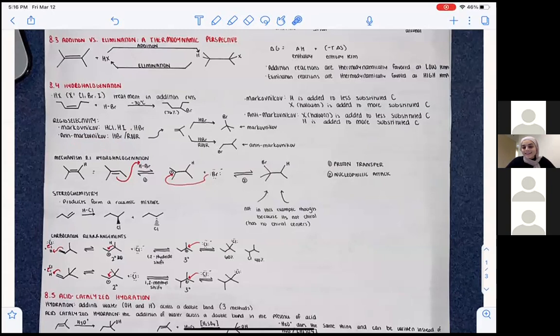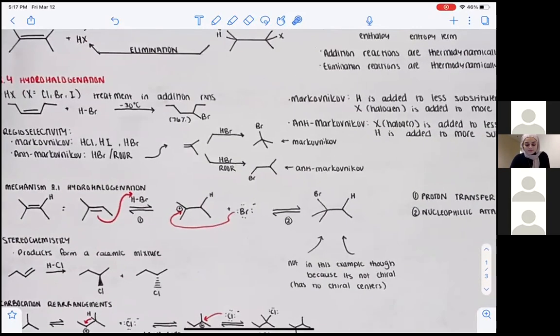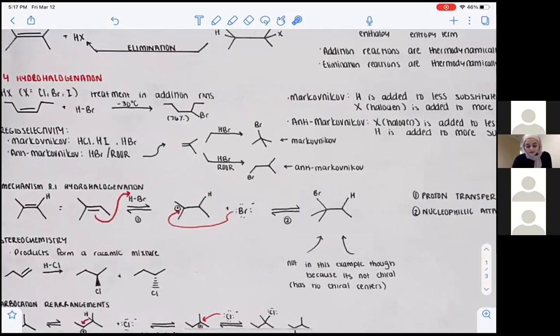That's how I talk about this specific reagent, but I'm not really sure. Don't quote me on that. Just ROOR. But then I have some examples here of what might happen.